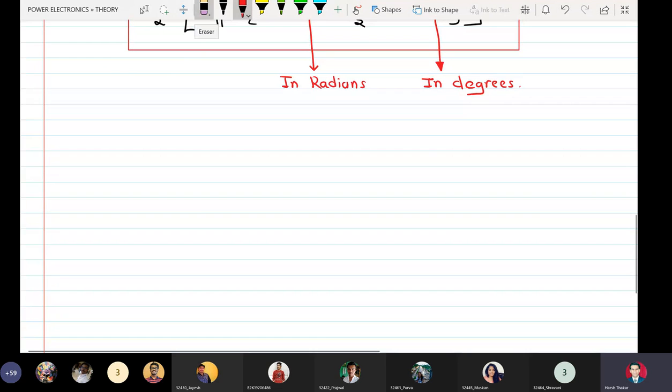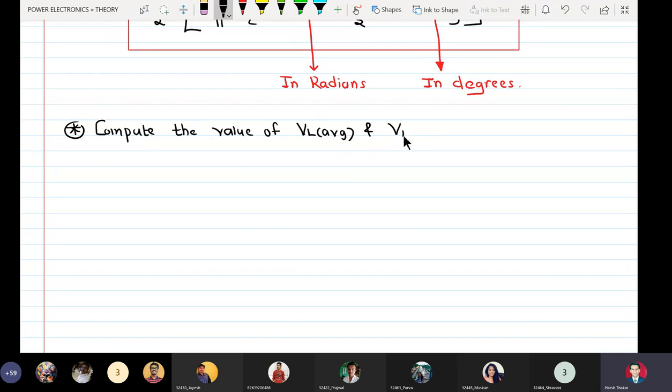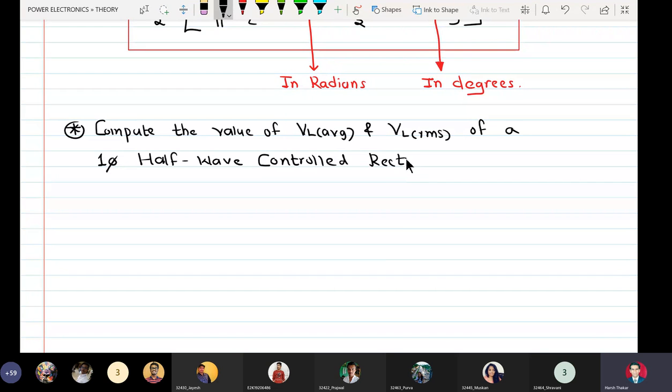Okay, so we can say here, compute the value of VL-AVG and VL-RMS of a single phase half wave controlled rectifier for alpha equal to 60 degrees.